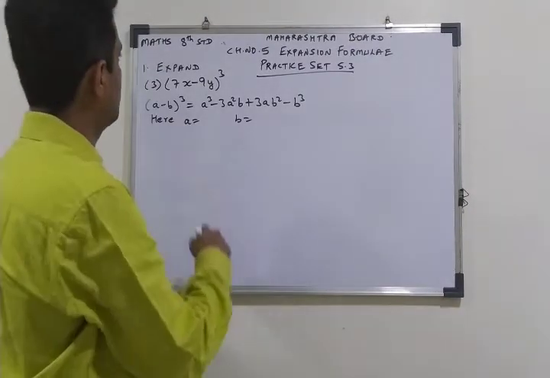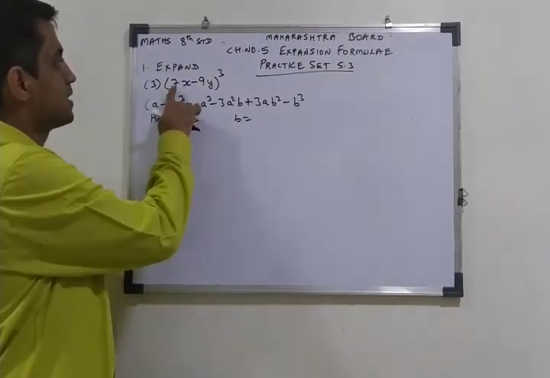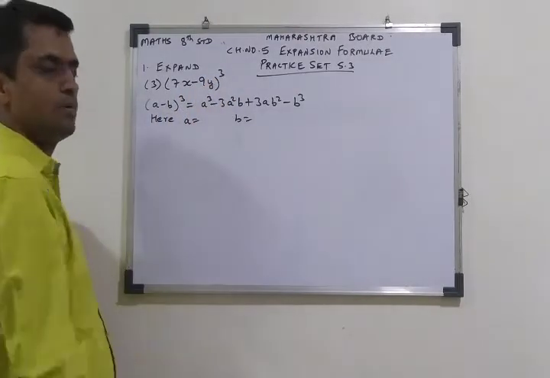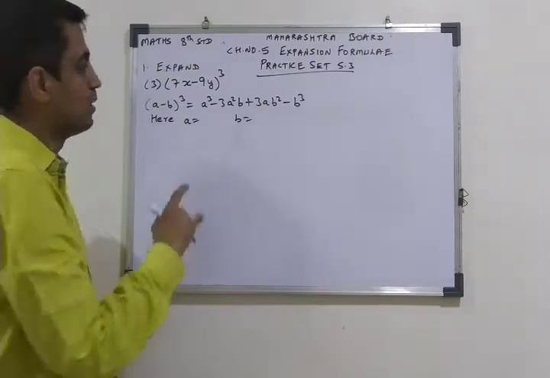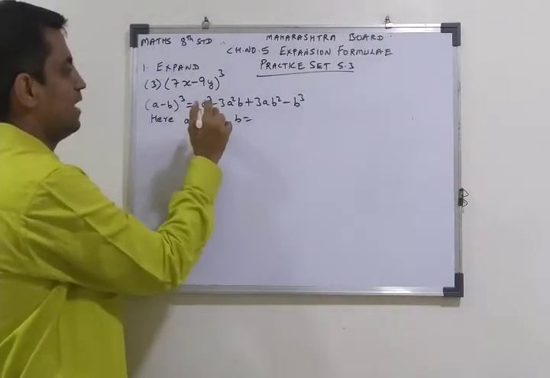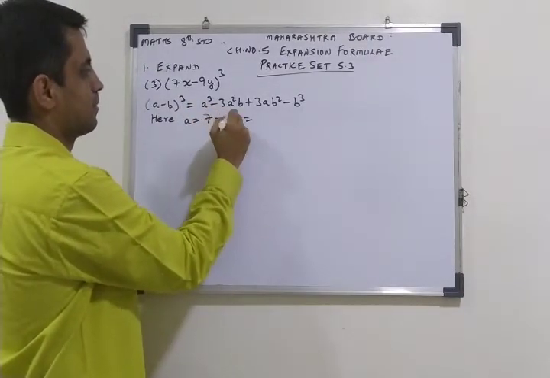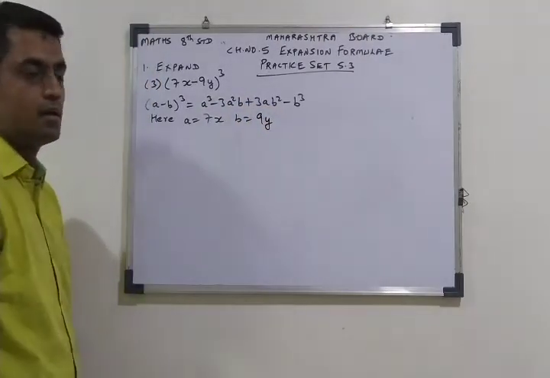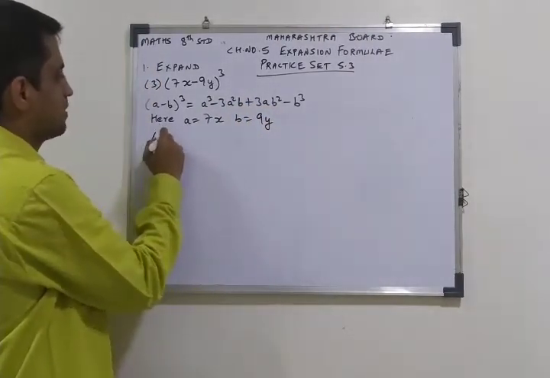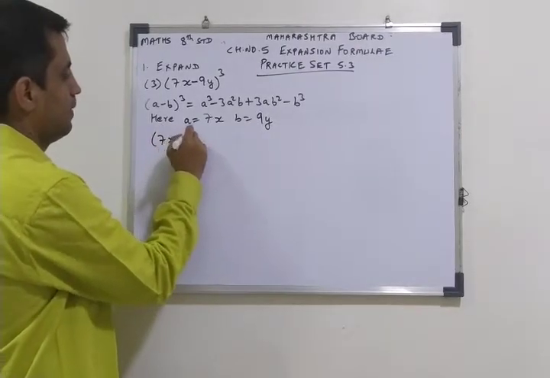Okay, so now here the third sum, 7x minus 9y the whole cube. Again the minus is there, the same formula you are going to use. Now here our a value is 7x, our b value is 9y. Now let us expand in a similar way as we had done earlier.